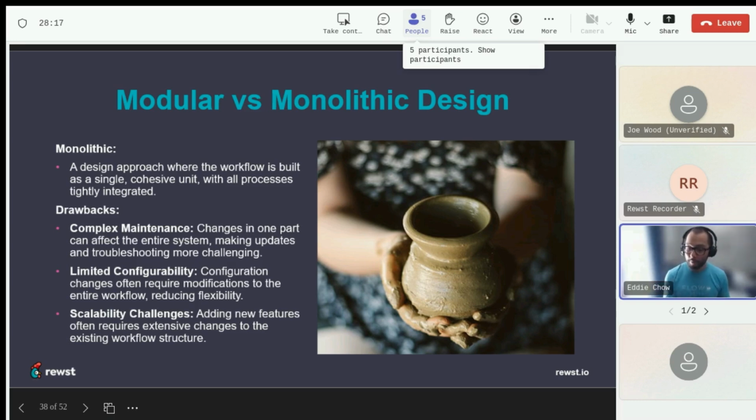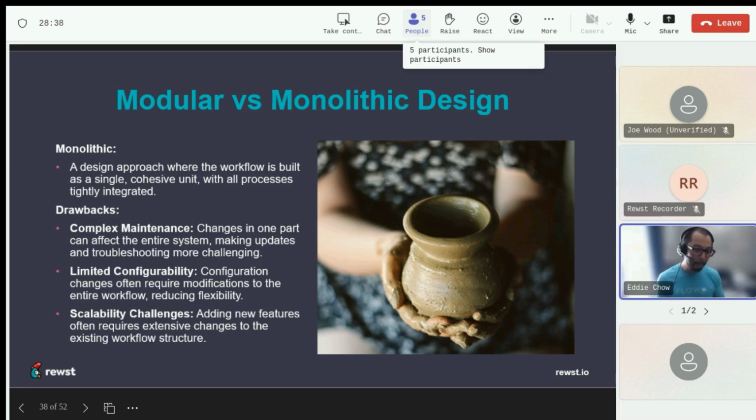And when we build monolithically, the benefit is that it's fast, right? You can build something very quickly if you take the monolithic route. And if you're building something very small, with like 2 or 3 steps involved, then monolithic is generally the approach that we want to take.